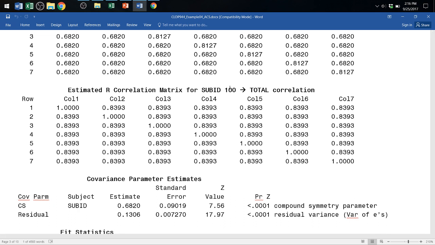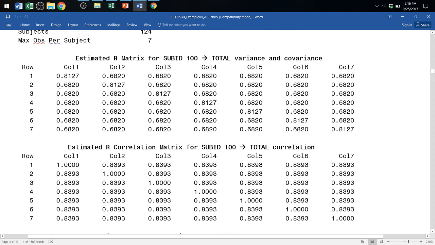It has 2 parameters, even though there's 7 occasions. It says each occasion's variance is part U0, that's my compound symmetry parameter, which is 0.68, and part E, which is my residual variance, which is 0.13. If you sum those together, you get what's on the diagonal up above, 0.81. That's the total variance across time, equal across time.